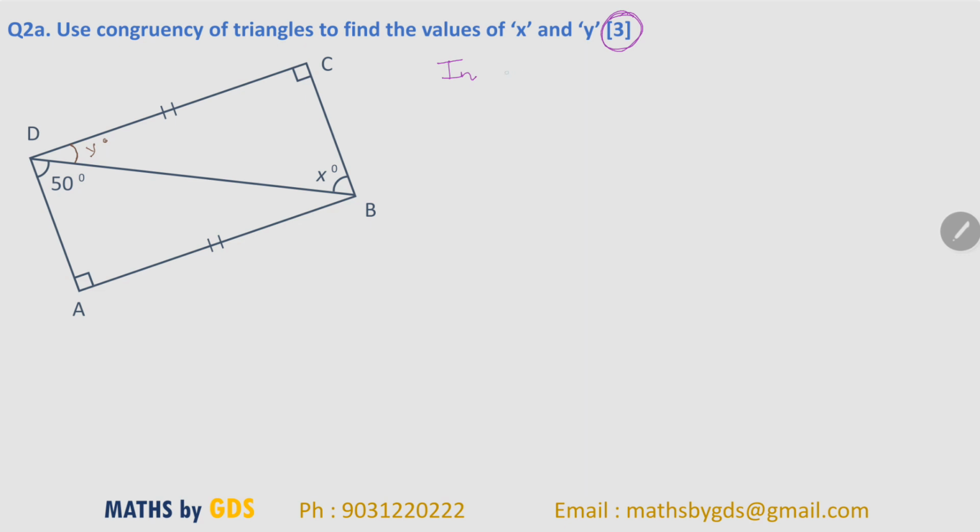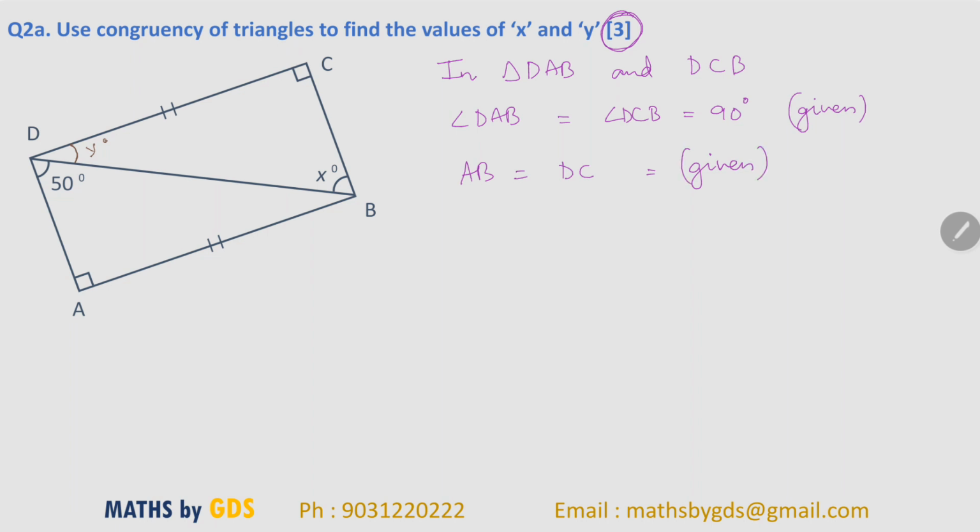Since we have to find the solution according to the congruency of triangles, we can see two triangles here, triangle DAB and triangle DCB. We have angle DAB equal to angle DCB, which is equal to 90 degrees as given in the question. Side AB is equal to side DC.